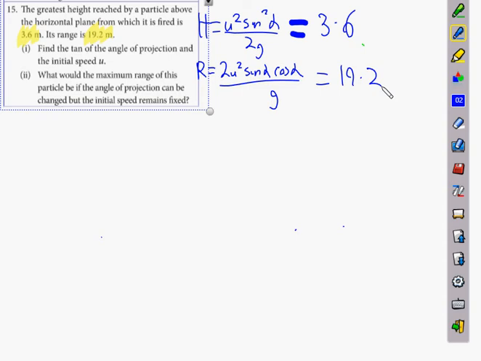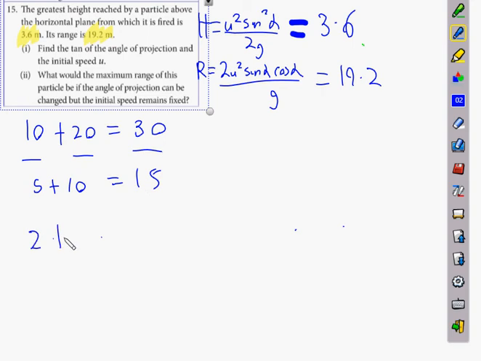An example would be, what would be a good way of doing this? Oh yeah. I don't know, 10 plus 20 equals 30. Then you have another balanced equation like, I don't know, 5 plus 10 equals 15. And if I divide one equation by the other equation, I get 2 plus 1.